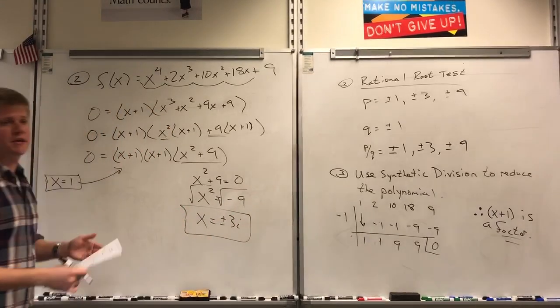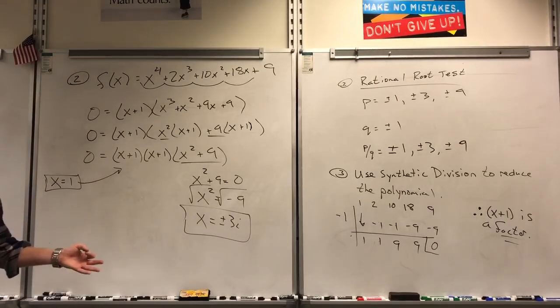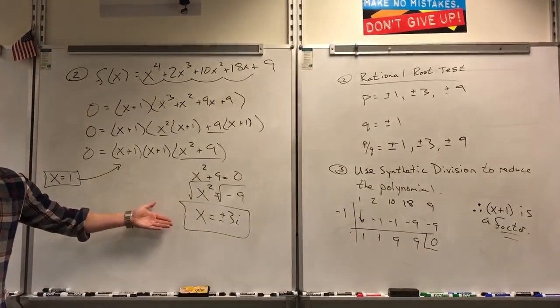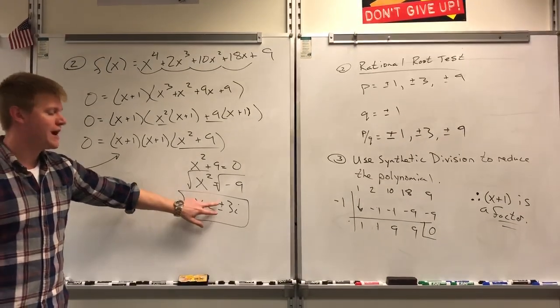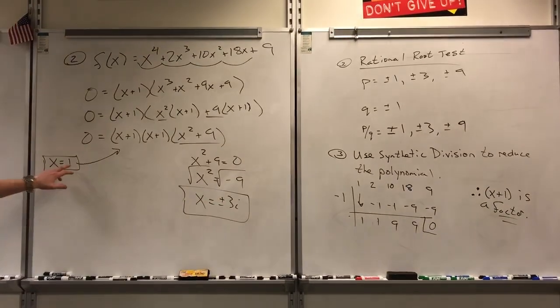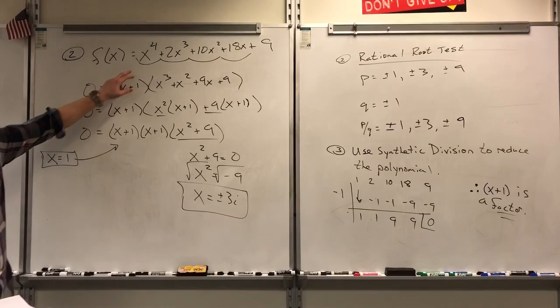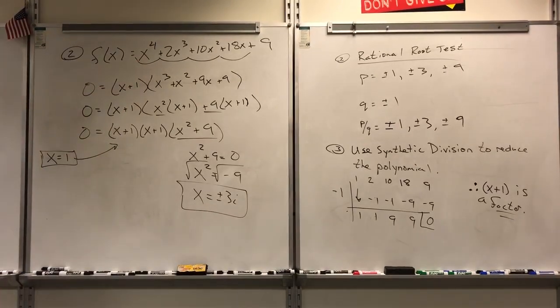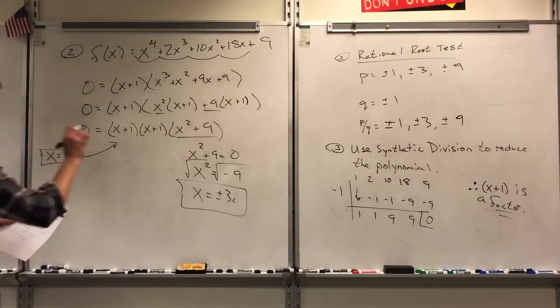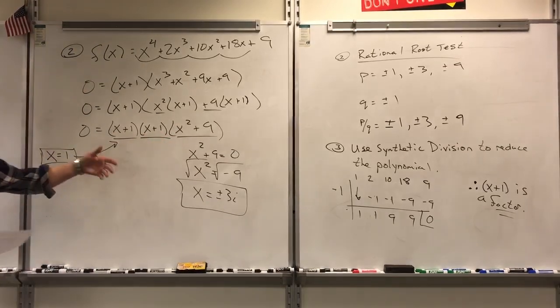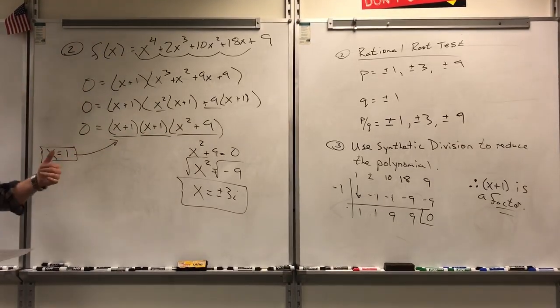Okay, so now you're saying, well, wait a second, we got 3 solutions, positive, negative, 3i, which makes sense, right? Because we have our 2 conjugate imaginaries, but I only got 1 more real solution, when we should have gotten 4. Remember, it all goes back to this. We had a repeated factor. So effectively, it is used twice.